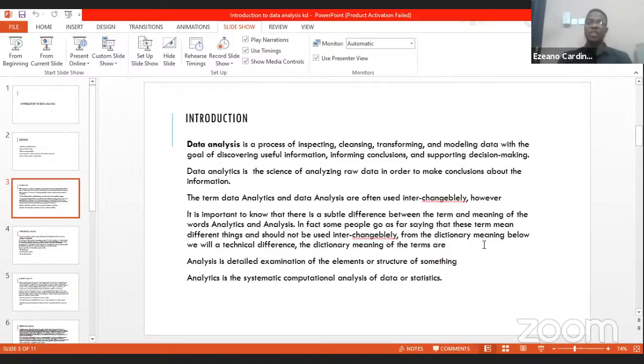Data analytics is systematic computational analysis of data or statistics, which is the system by which the computation of the analysis is achieved. I think this is totally technical, but in this presentation, they will be used interchangeably.